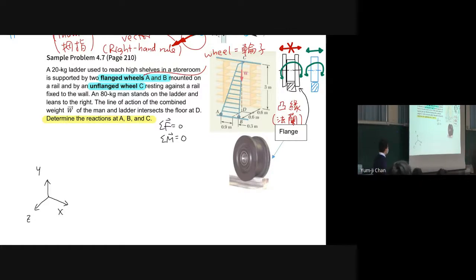At first, we draw the contour of the ladder, and remember that's the direction of the x. That's the x direction, so keep an eye on your directions. And this is point A, point B, and point C here.